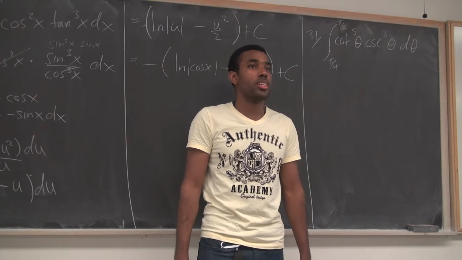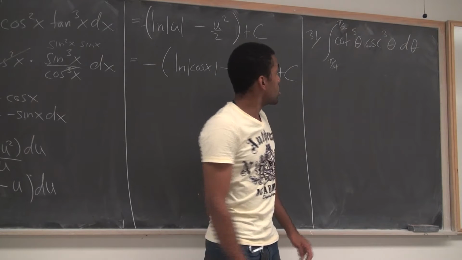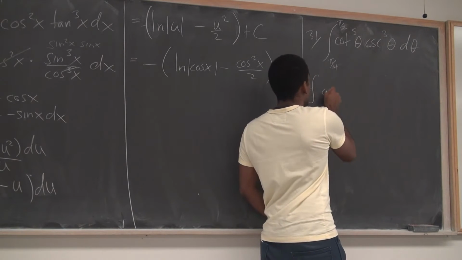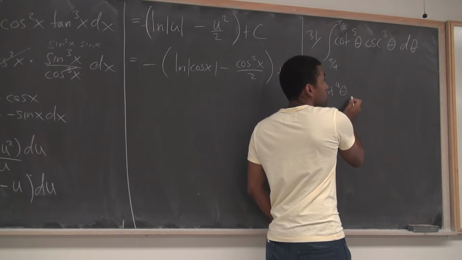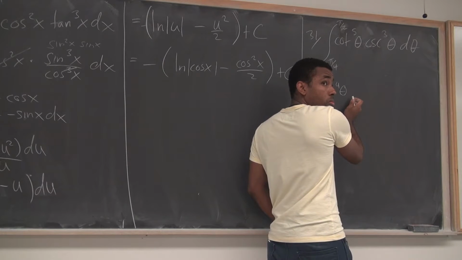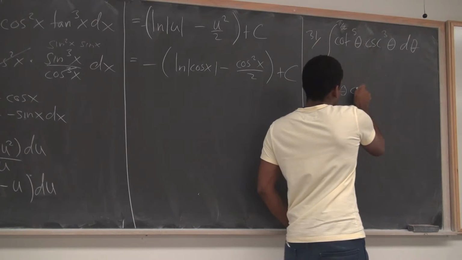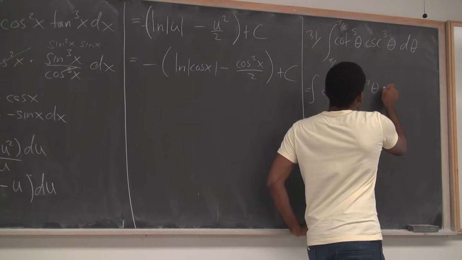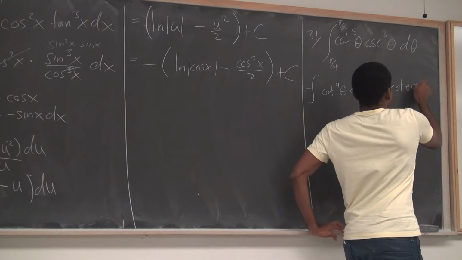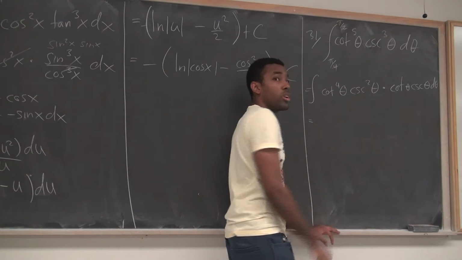What did you try? You rewrote this as cotangent to the fourth, cosecant squared, and then cotangent cosecant. Okay. Then what?